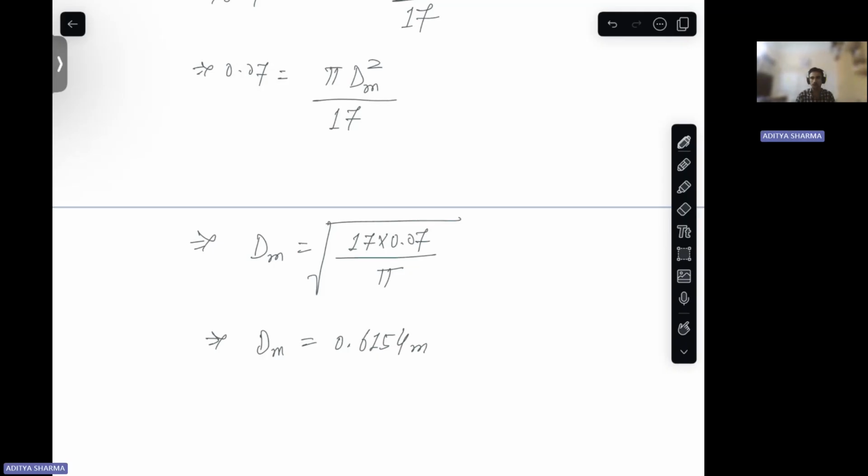So this will come out to be this. Okay, so this is your mean blade diameter.